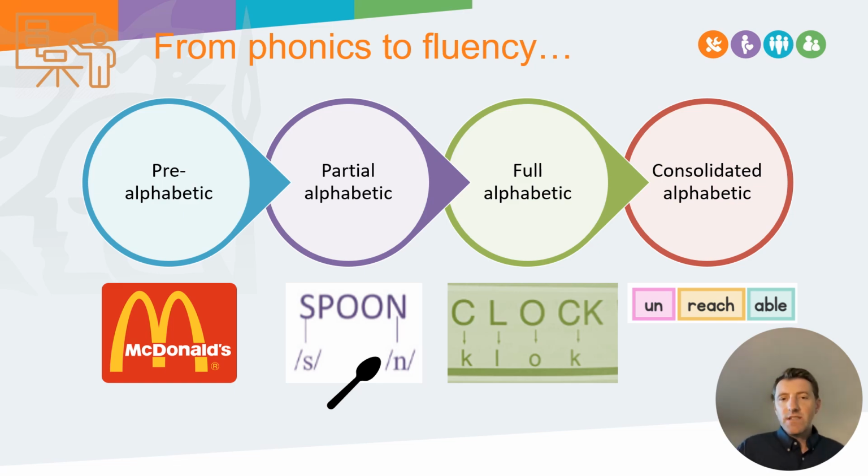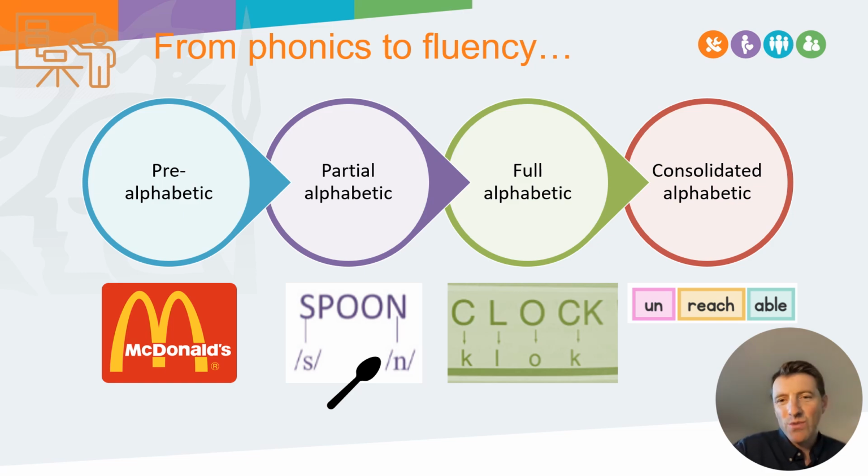So the first of these 4 stages is called the pre-alphabetic phase. And this is where beginning readers start to read by seeing symbols, by seeing images.